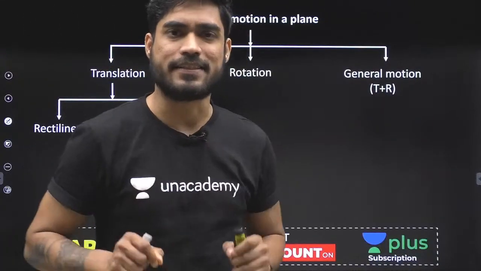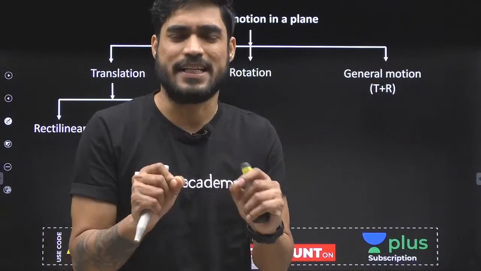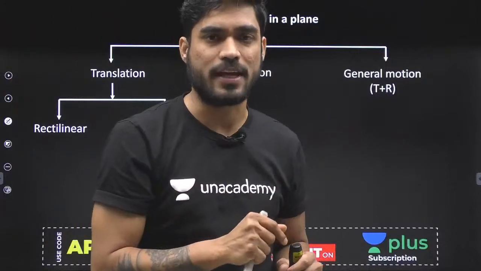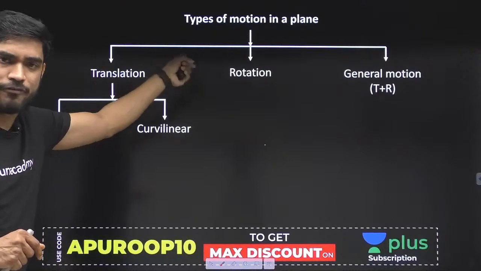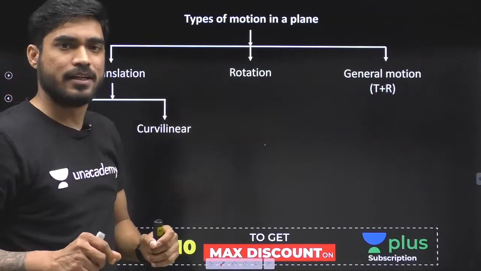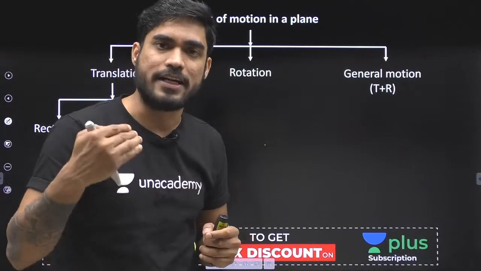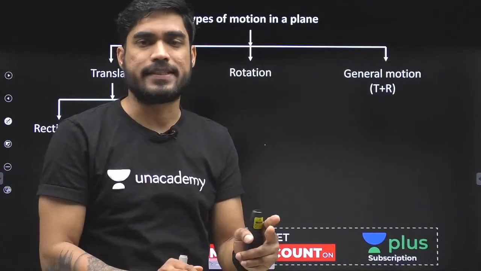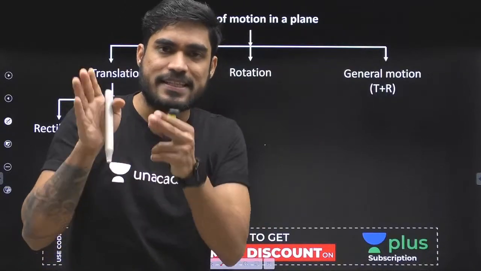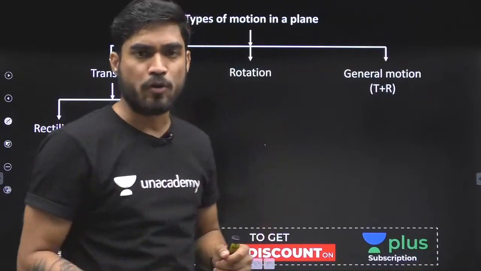So we were discussing rotational motion. Let's first understand where this fits. We are studying the dynamics of bodies. Dynamics means the study of moving bodies. The statics part is over. In dynamics, the syllabus is divided based on the type of motion.